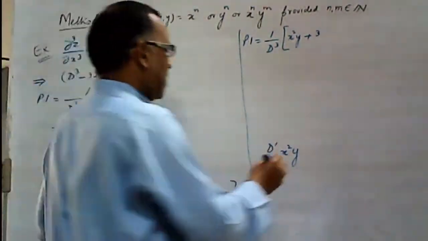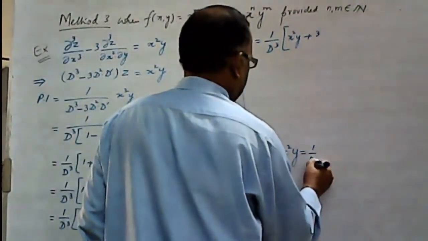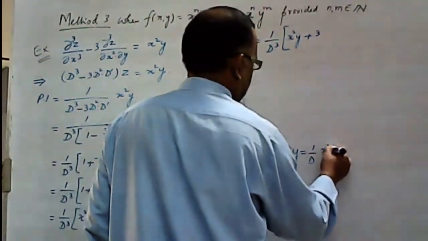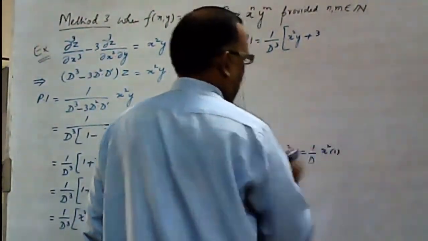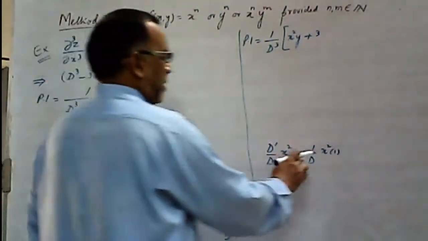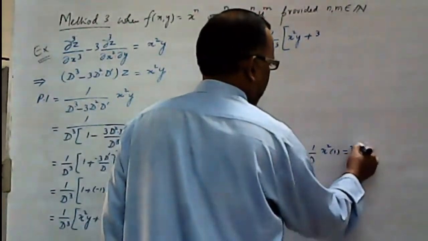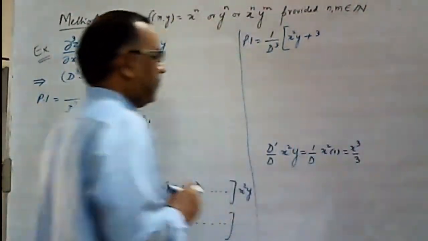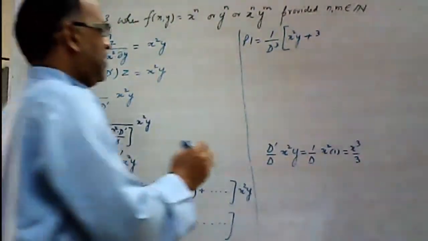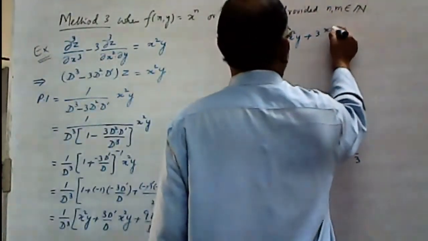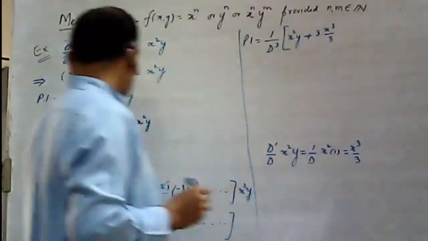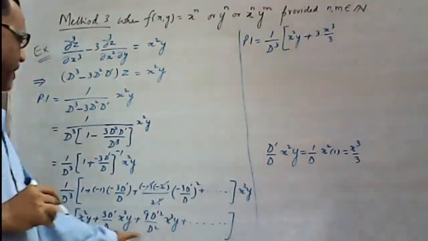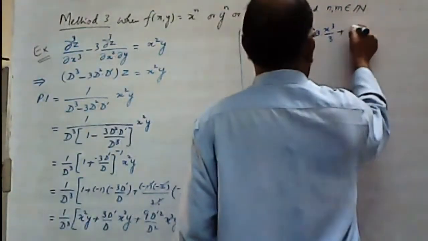So applying D dash first, 1 upon D is kept. So the answer is x square, derivative of y is 1 and integral of x square is x cube by 3. It means my final answer is x cube by 3 of this term. Then plus 9.